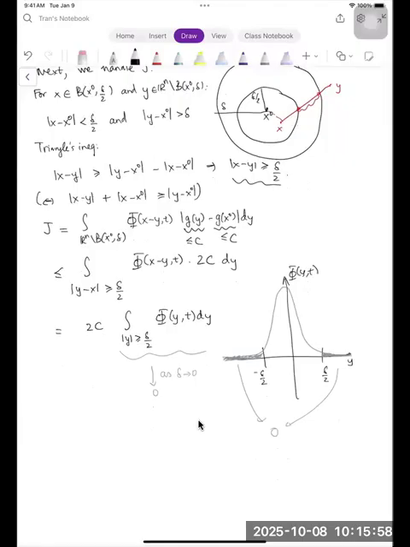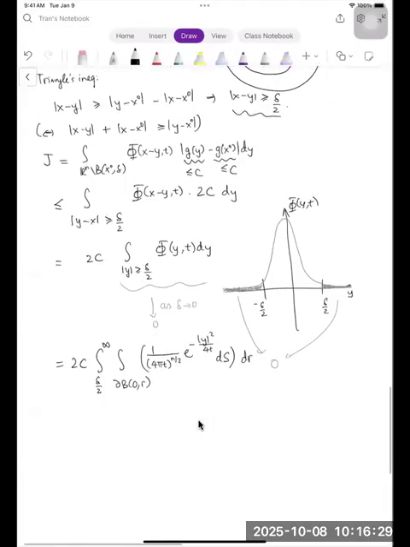So let me write down. You can also write this one as 2c times the integral from delta over 2 to infinity, the integral on the sphere, of 1 over 4 pi t to the power n over 2, e to the minus y square over 4t, dS and then dr, right? That's a formula. This equals 2c, the integral from delta over 2 to infinity.